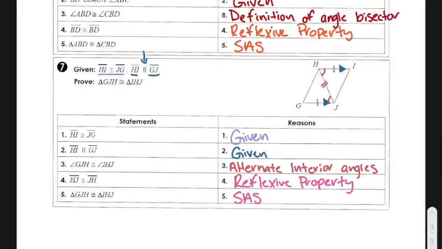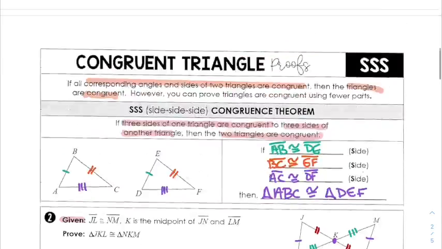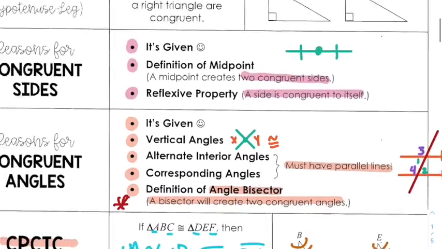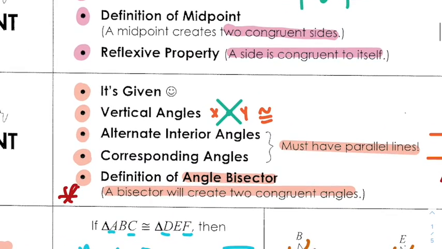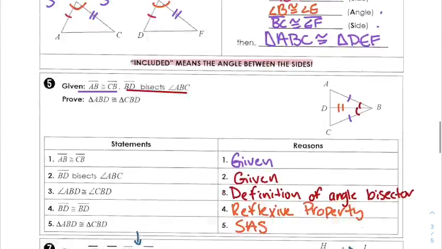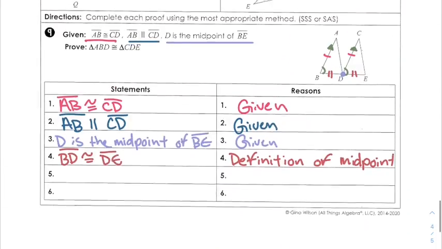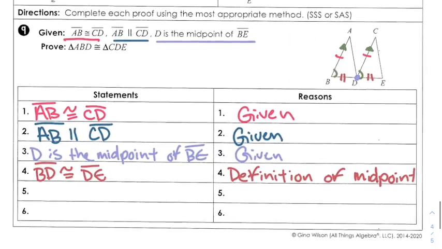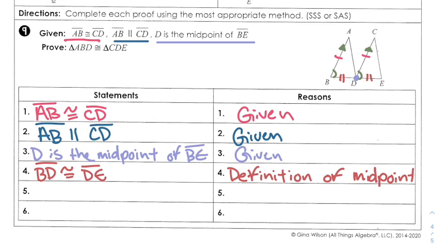And if we go back to our reference sheet, what are our two options? Alternate interior or corresponding? Well, alternate means they're on opposite sides of the transversal. So if you didn't remember, you should. These are corresponding angles. So therefore, we'll write that angle B is congruent to angle D because they are corresponding angles.